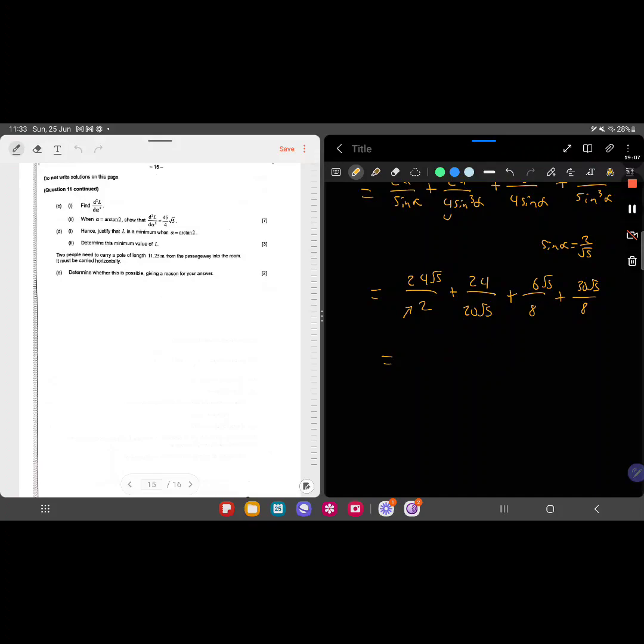So 1200 over 20 root 5 plus 24 over 20 root 5 plus, oh, this is the dodgy part. Wait, 36 root 5 over 8. Let me just simplify. So for this part, it's going to become 18 over 4 root 5.